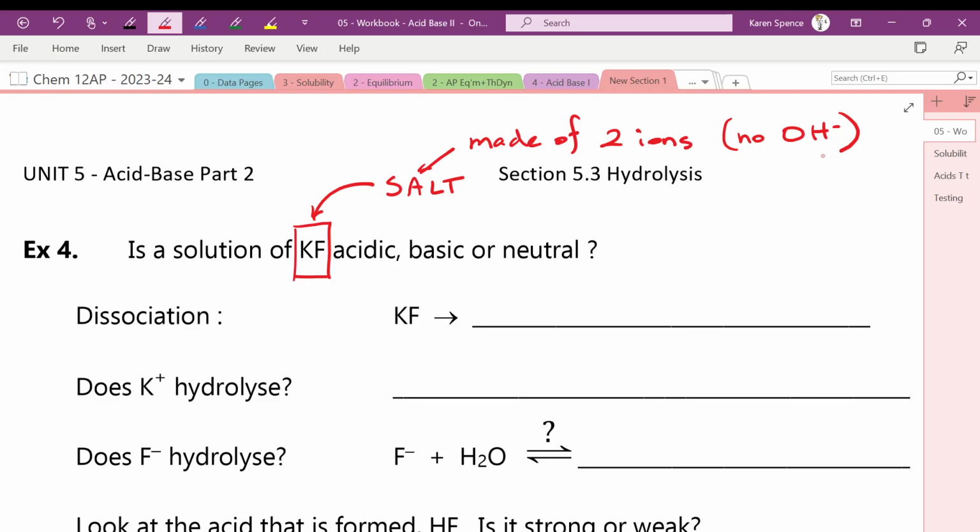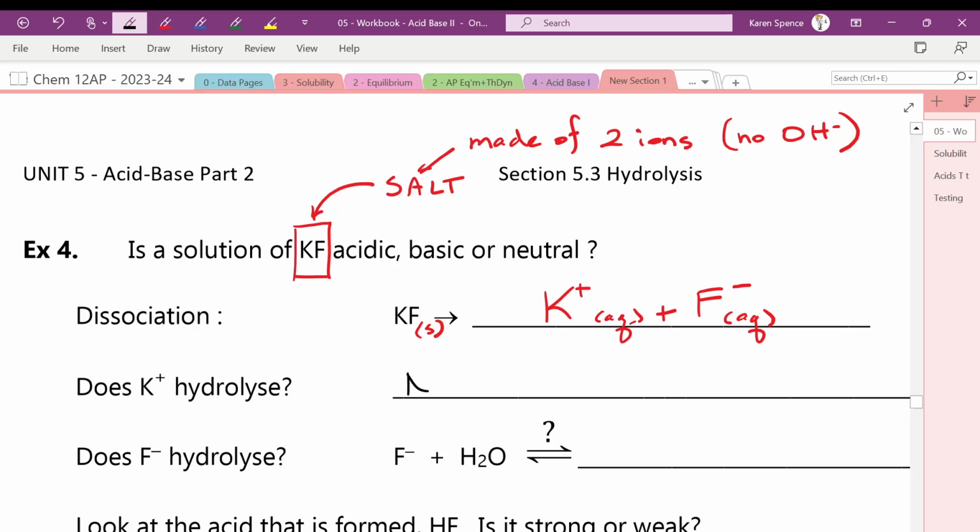If we have a salt, we're always going to ask whether either of the ions hydrolyze. So we first need to do the dissociation. What do we get from the dissociation of KF? K plus and F minus. Does K plus hydrolyze?